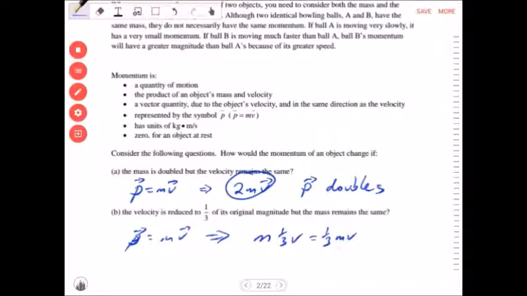Remember, mv is just the original momentum, so the momentum is 1/3 of the original. Again, this is proportional. If the velocity goes down by 1/3, the momentum goes down by 1/3.